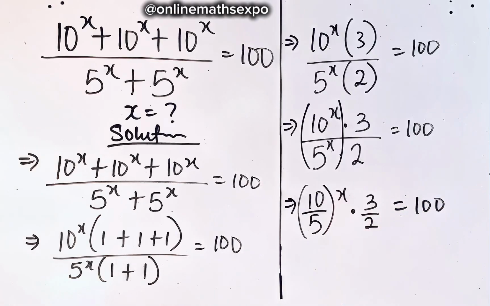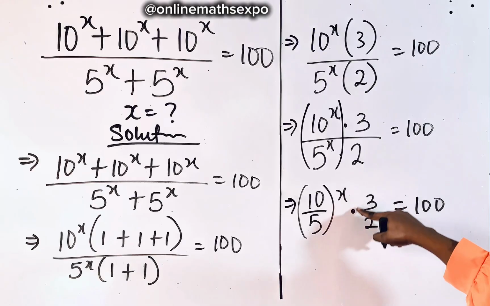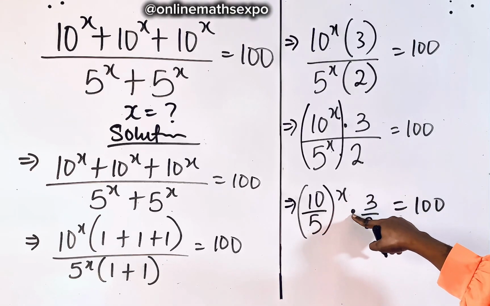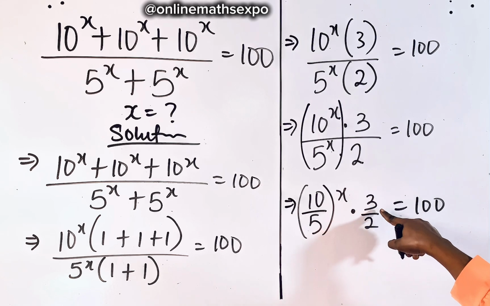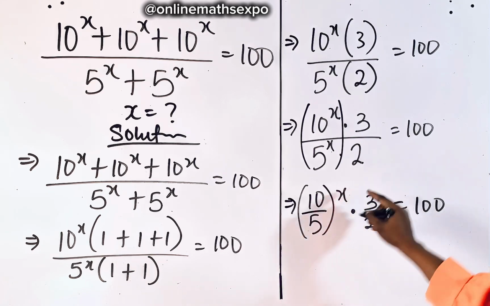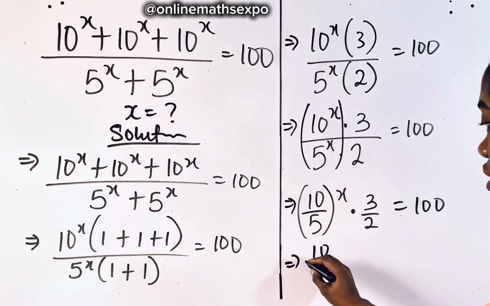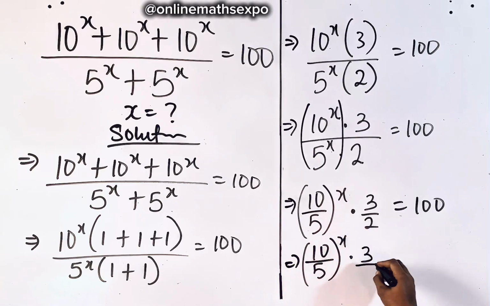And what do we do next? Our target is on x, so we should clear this. Because it's multiplying, we are going to divide, and to remove this we use the multiplicative inverse. So we have 10 divided by 5 to the x power multiplied by 3 halves. You multiply by the inverse, 2/3, so that you can clear it.